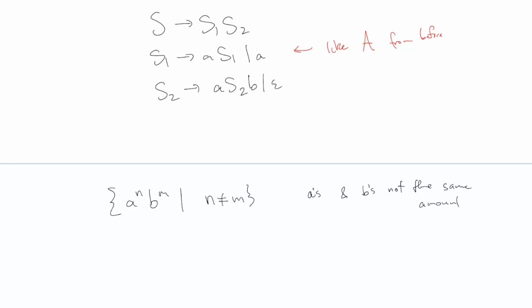You all know what this says already. Can you express this as a union of things that we've already seen before? I just said the issue here is that we don't know if there's extra A's or extra B's. An idea? Yeah, N is less than M or N is greater than M. Yeah, right. It's either that there's extra A's or there's extra B's, and you can write that as a union.